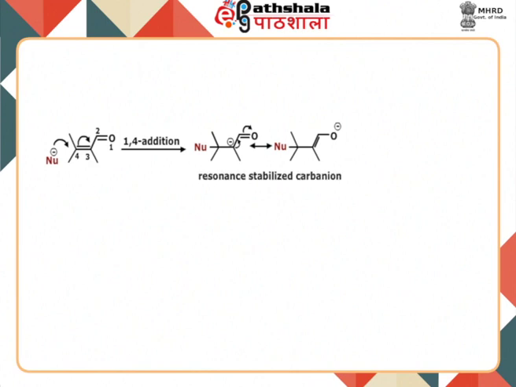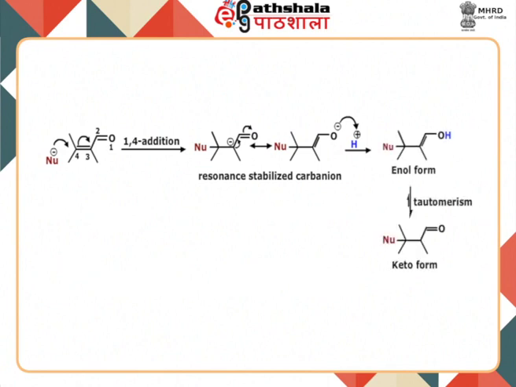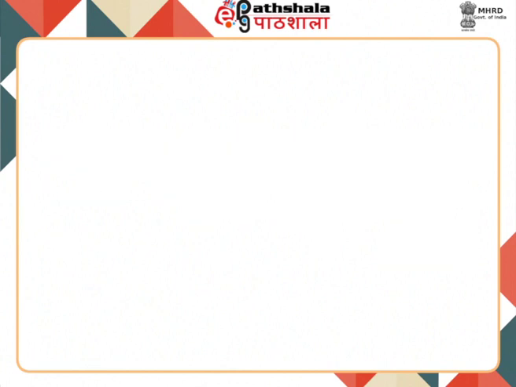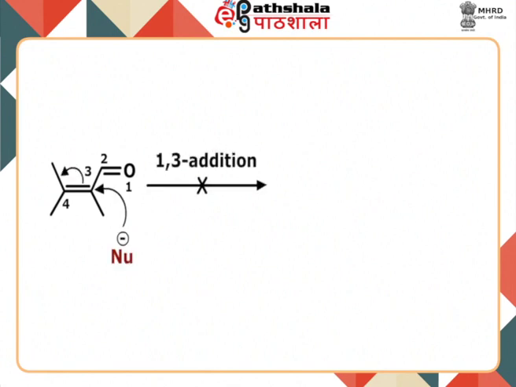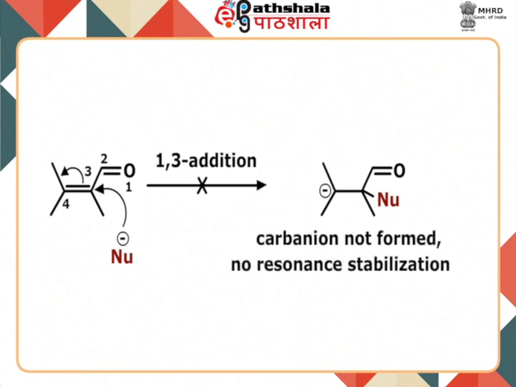The oxygen anion takes the remaining proton and leads to formation of an enol, which tautomerizes to form the keto form. It is evident from the enol that the addition of nucleophile and H has happened at relative 1,4 positions and hence is called 1,4 addition. It is important to note that 1,3 addition never occurs since the resulting carbanion would have no resonance stabilization.